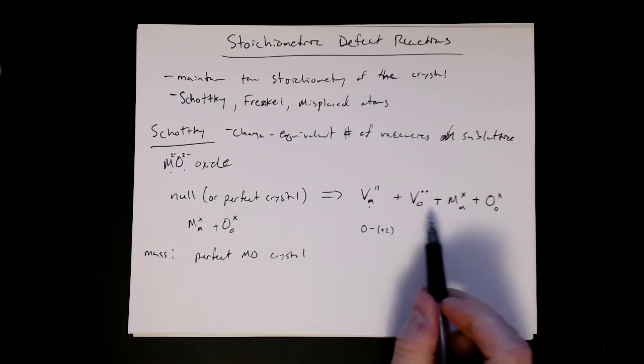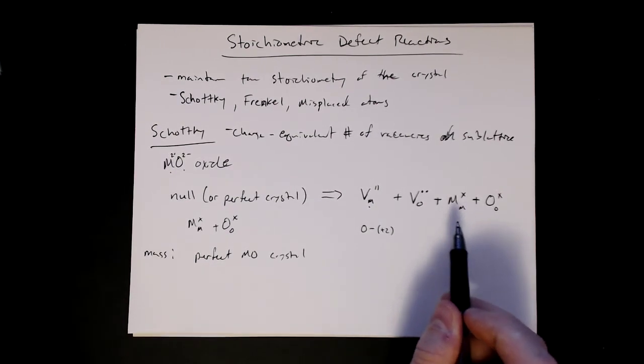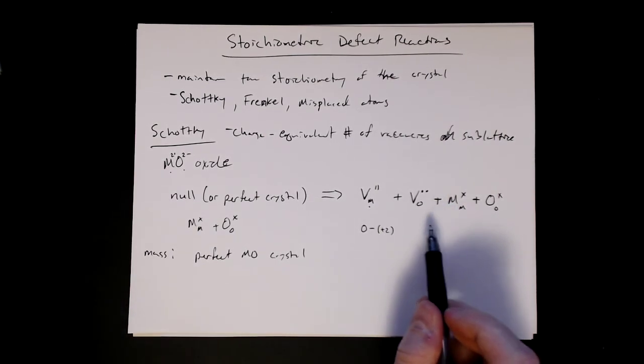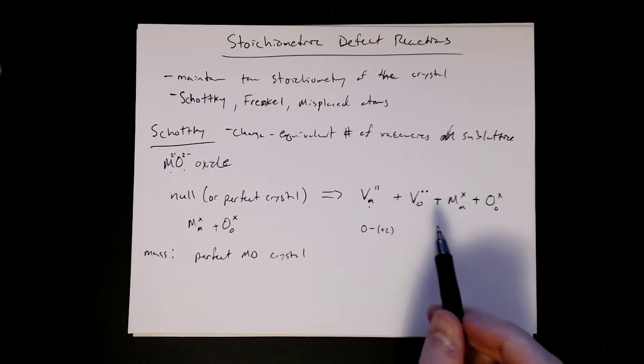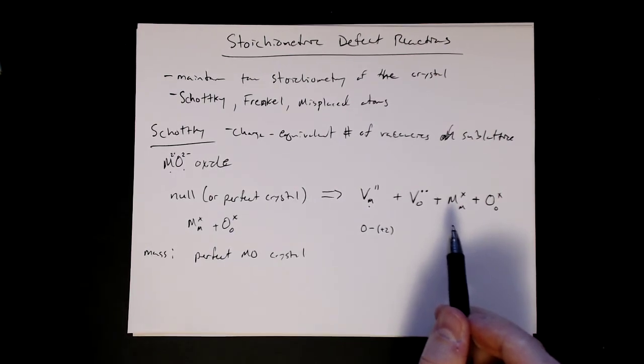People don't typically write this to consider mass balance, because it's implied that those metal and oxygen ions have to go somewhere. So just to be technically balanced, we would also have to discuss where those metal and oxygens go.